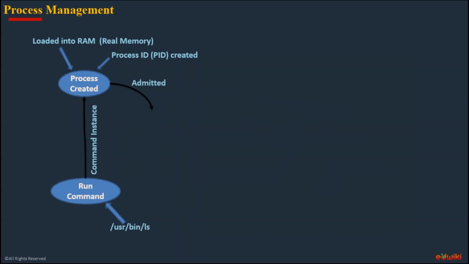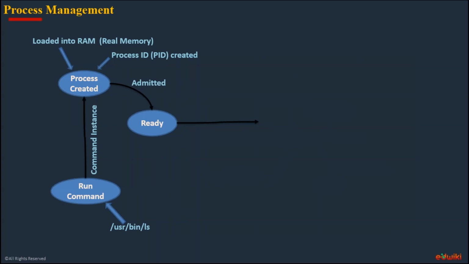When the process is getting scheduled for the CPU turn, the process goes through different states. Once the process is created and admitted, in the sense it is accepted to run as a process, the process state will be ready. When the process is in the ready state, it is ready to be handed over to the processor for execution.